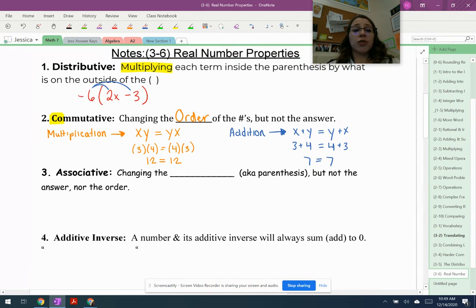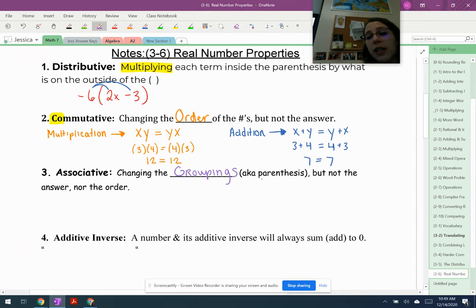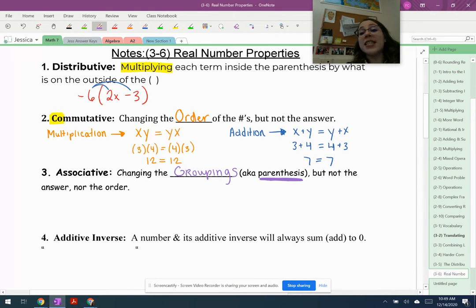Let's do the associative property also, and then we'll take a break. The associative property has to do with changing not the order like the commutative property, but this one has to do with changing the groupings, AKA those parentheses, but not the answer and not the order.